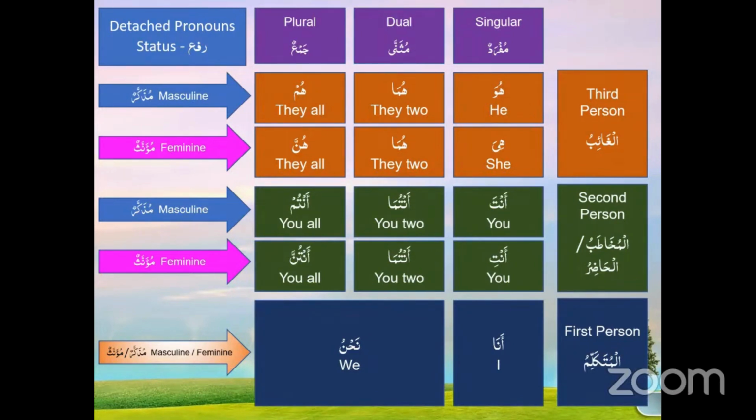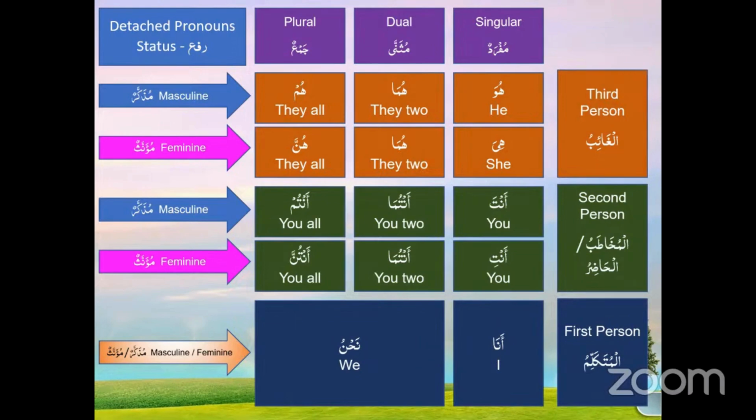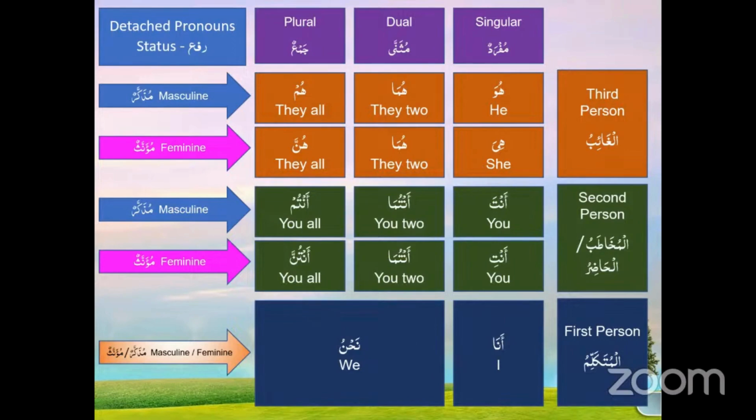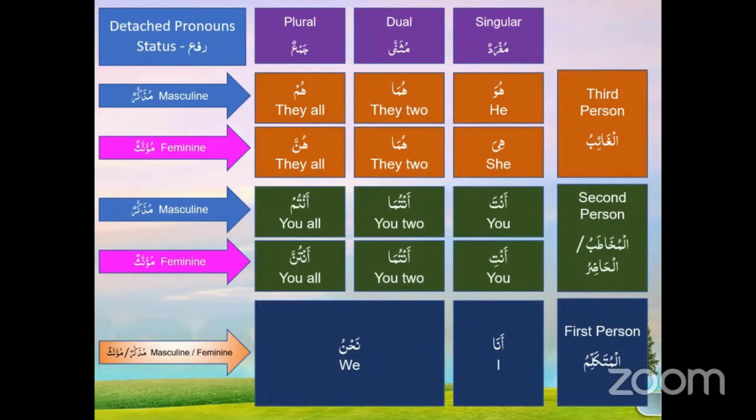Right? Anta, you, male. Okay, stick with anta first. Anta, you, one male. Antuma, you two, male. Antum, you all. Anti, you, female. Antuma, you two, female. Antunna, you all, female. Ana, I. Nahnu, we.